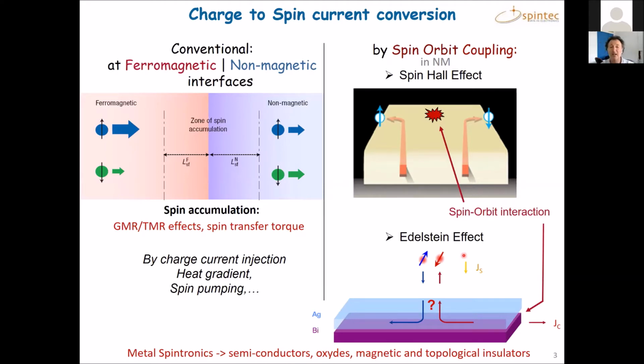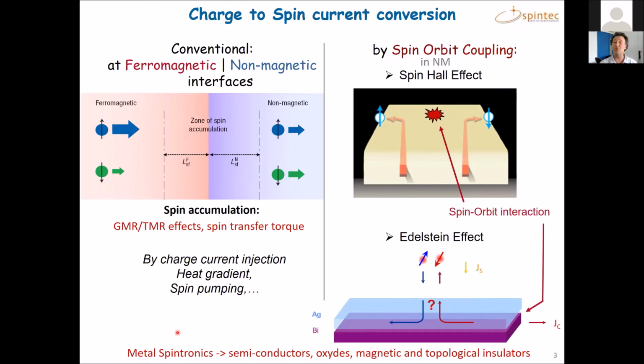So now we have two possibilities to generate torque or to do spintronics: either use a current across the interface or along the interface. And also, using spin-orbit coupling, instead of using only metals, we can now use semiconductors, oxides, and magnetic and topological insulators.